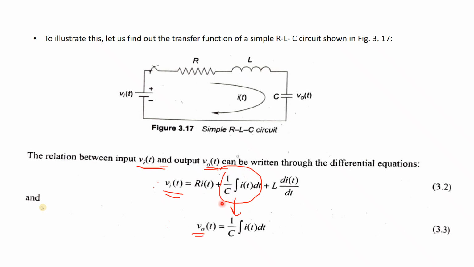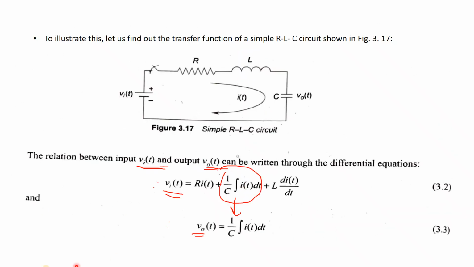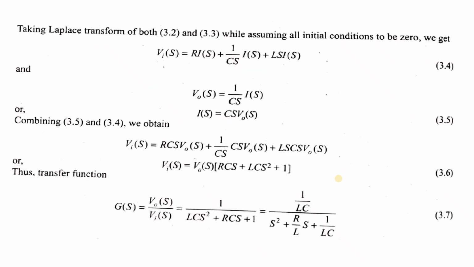So Vi(S) equals R I(S) plus now 1 by C, okay, 1 by C will be 1 by C. Now, integration is always represented by 1 by S in Laplace, I think you know that. So C into 1 by S I(S). So always the integration with respect to dt, that means integration of dt is 1 by S, and the derivative of any parameter is S into that parameter in S domain.